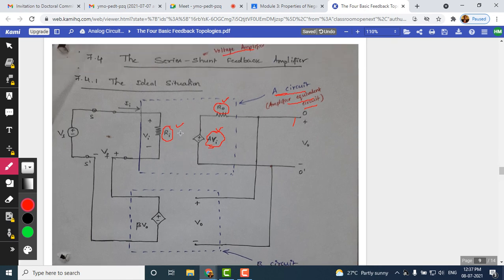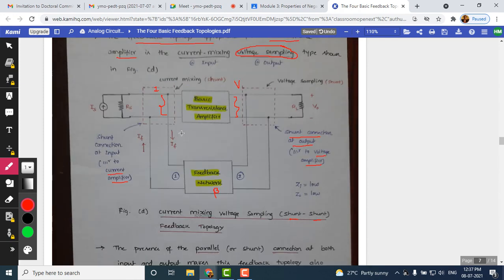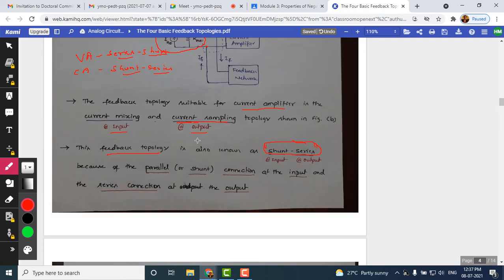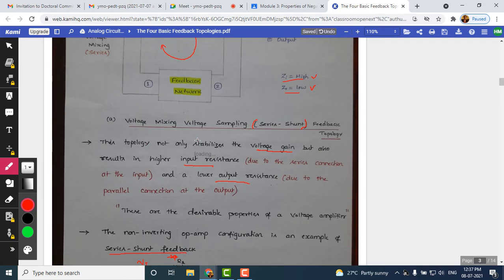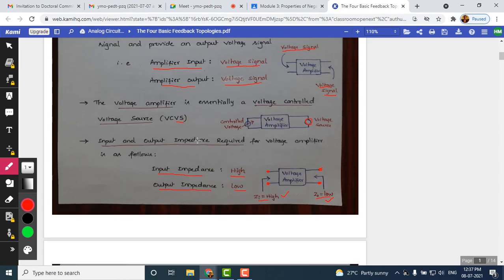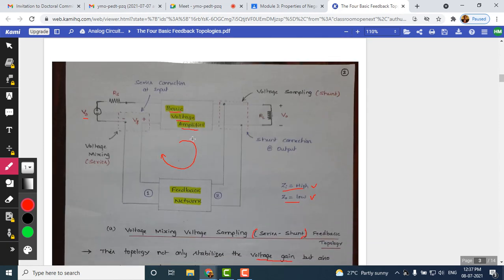I will show you from where we arrived at the ideal equivalent circuit. Yes, this is the one. What we have done is write the equivalent circuit for this and the equivalent circuit for this, and the rest we attached as it is.